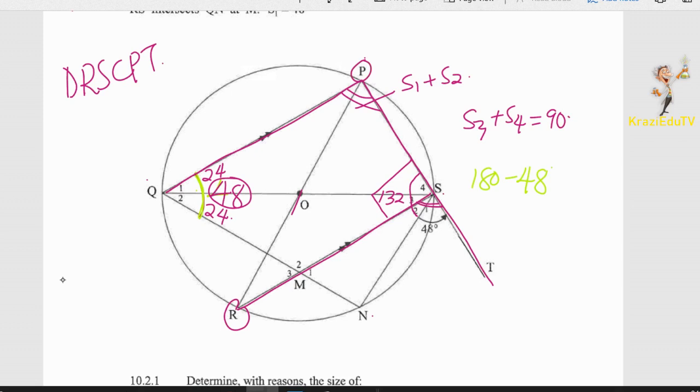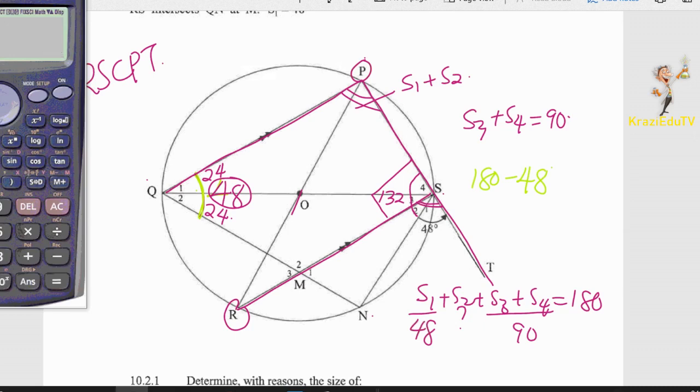Now, do you notice I've got my S1 plus S2 plus S3 plus S4 equal to what? 180. S1 is 48, S2 unknown, S3 plus S4 is 90. Which means I can get my S2 by simply using mathematics: 180 minus 48 minus 90, and that gives me 42.